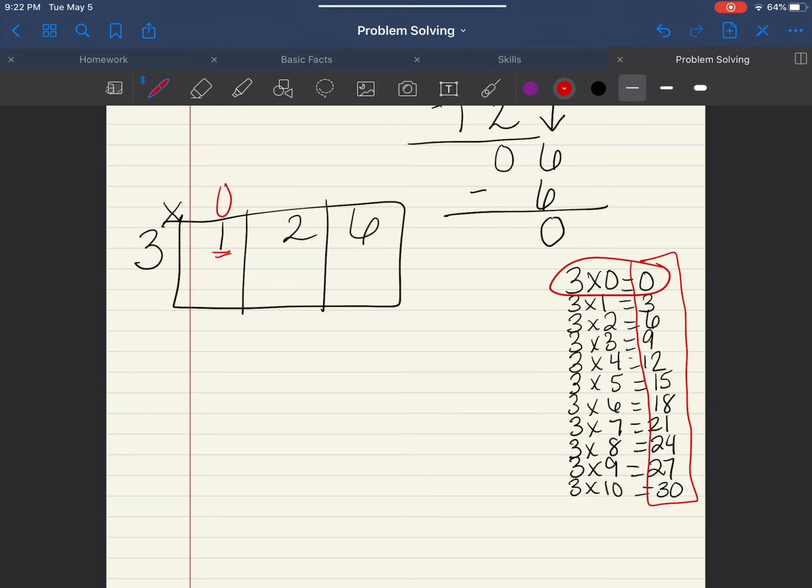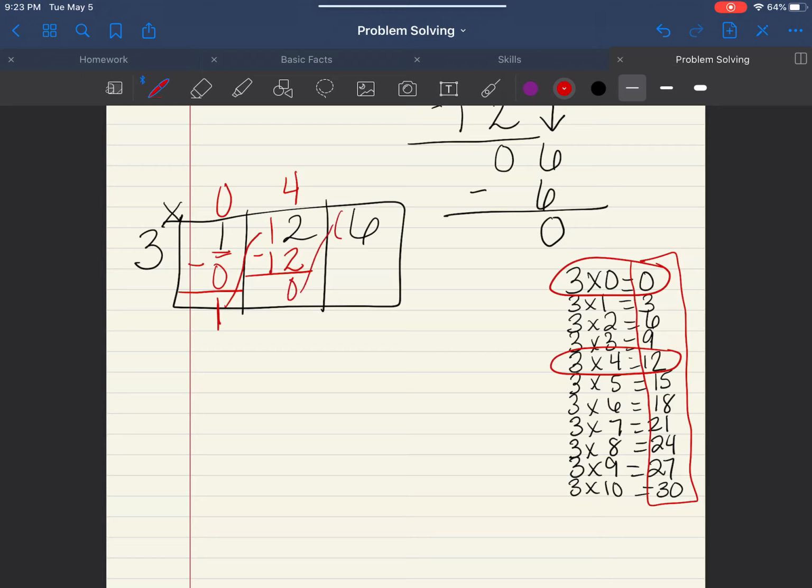We are only looking at our products. The first one is a 1. I do not have a 1, so I'm going to use the 0. 3 times 0 is 0. When we subtract, 1 minus 0 equals 1, so I regroup, and now I have 12. If you notice, we do have a 12.